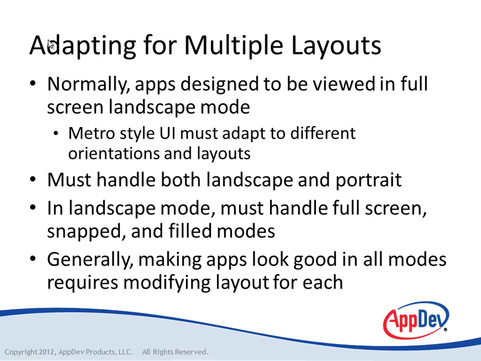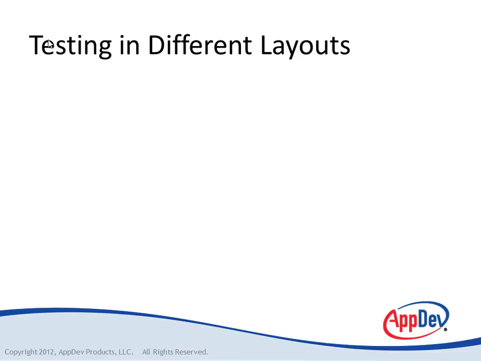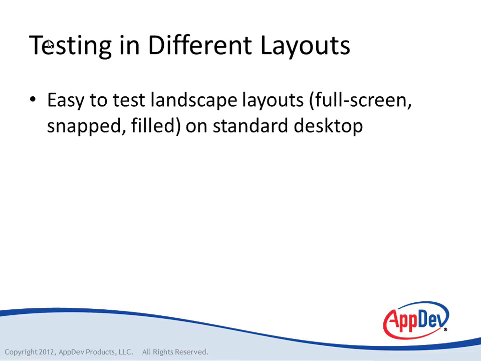Generally, making apps look good in all modes requires a completely different layout for each of those view states. Now you need to be able to test. It's easy to test landscape layouts, full screen, snapped, and filled on a standard desktop, though I will mention you need to be running at a resolution of at least 1366 by 768 to use snapped or filled.